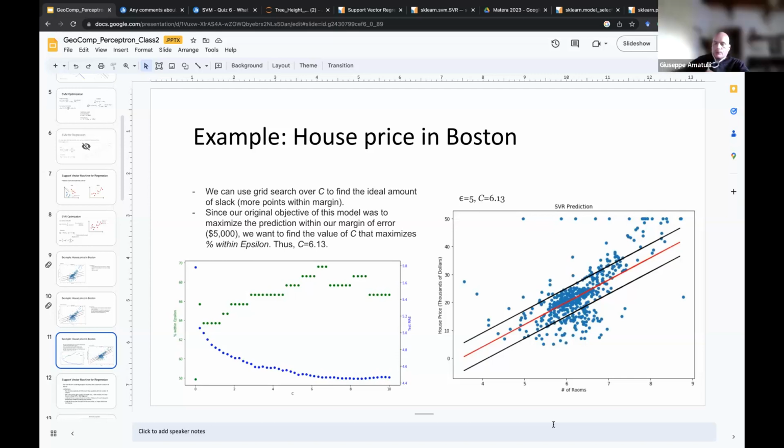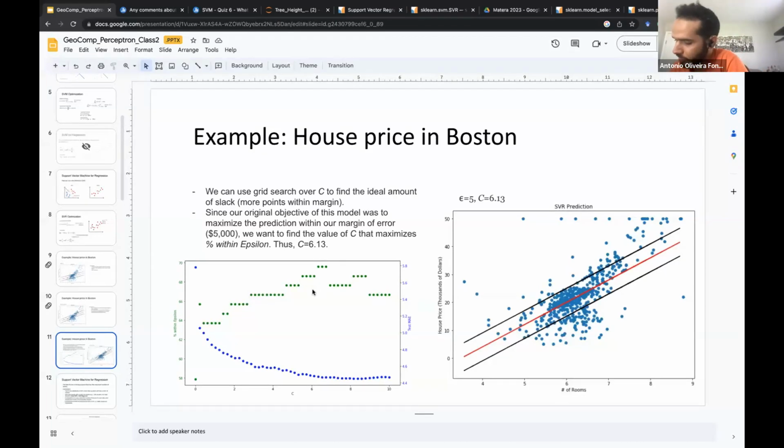Okay, good. Can I ask, what if we have the epsilon very large, and we also have the C very large? What would that do? If the epsilon is so large that it already encompasses all the outliers, but then you still have a large C. Let's think about it.